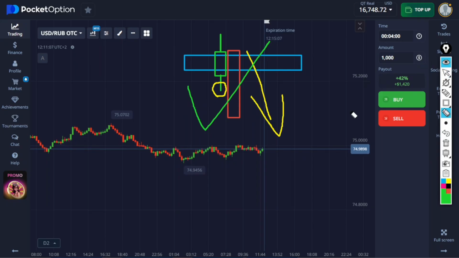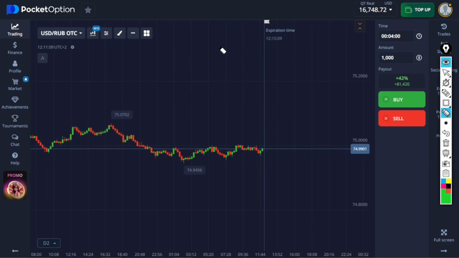Now, what about rejection candles? Let's get into some examples of rejection candles. So here we have a support zone, okay? Just going to go ahead and mark up a rejection candle here.